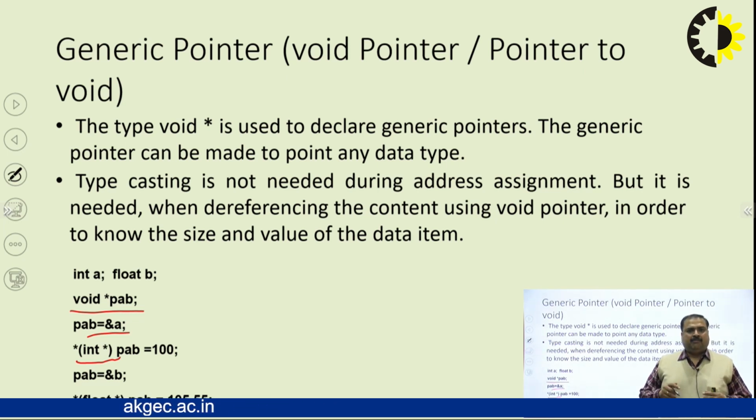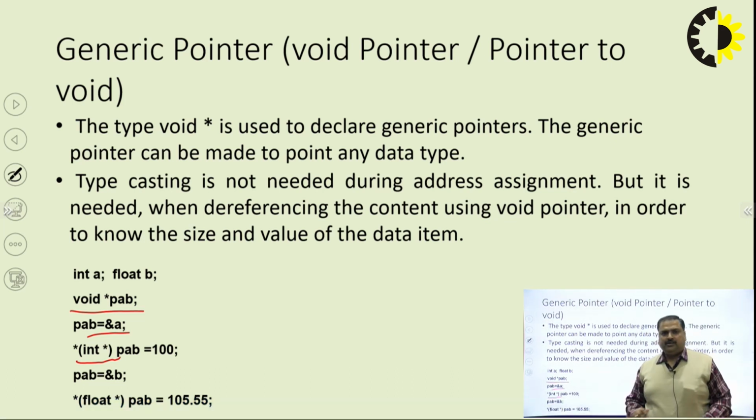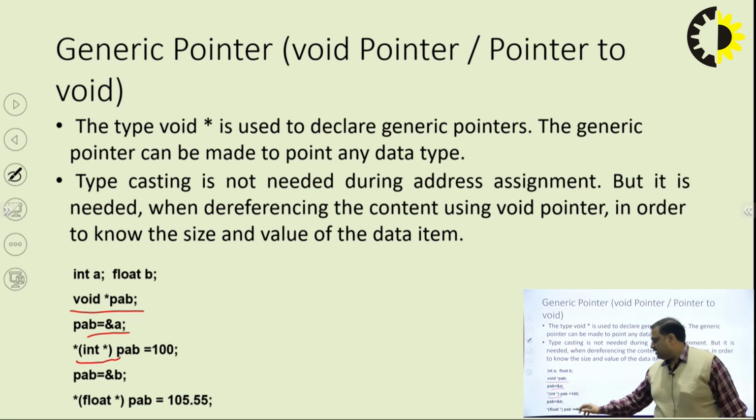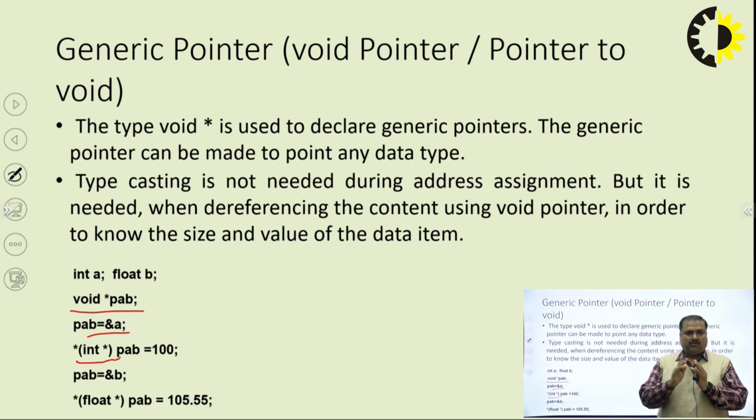Why is it being done? Whenever we are referring to some value, we need to know how many bytes are to be read. Here we have converted it into an integer pointer, which means we are accessing 4 bytes after that address. If we convert it into a character pointer, then only 1 byte will be used.